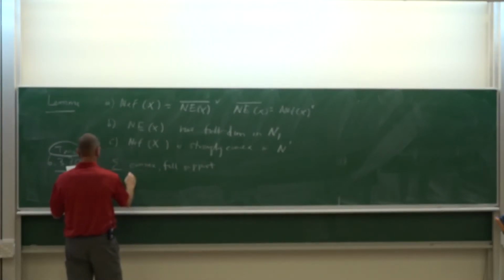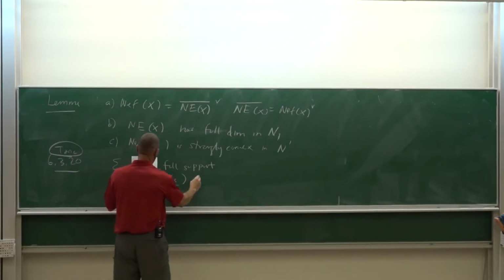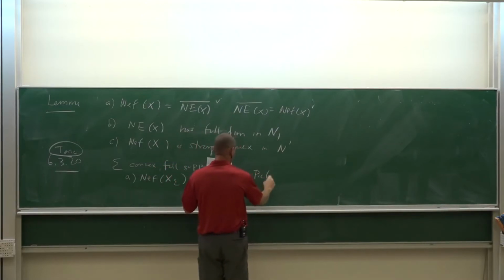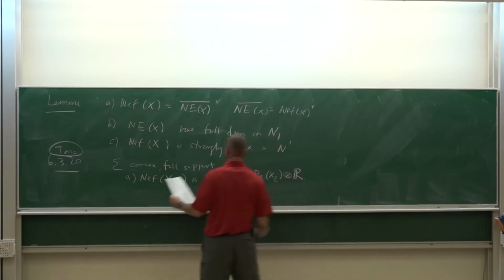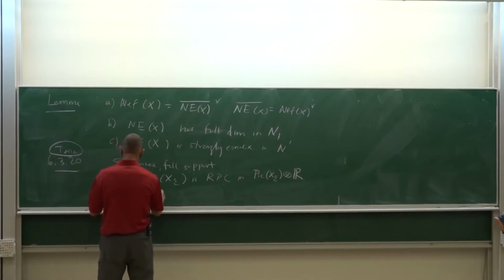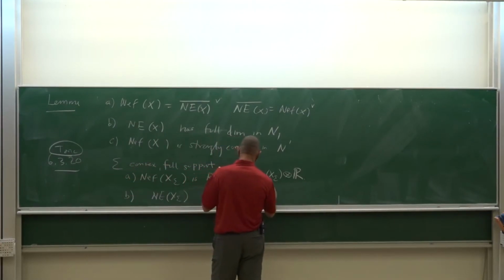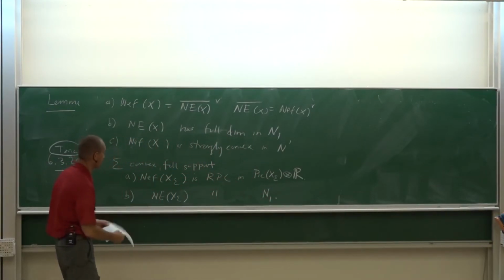Then Neff of X_Sigma is a rational polyhedral cone in Pic. I think for time, I'm going to skip the proof.